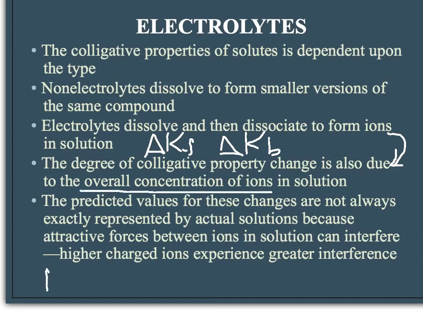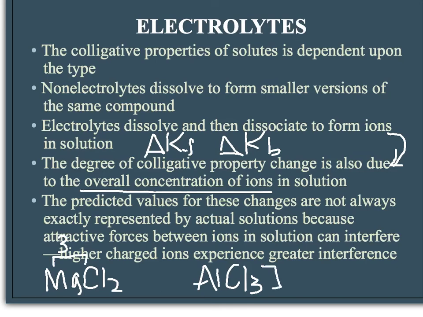So let's say MgCl2 versus AlCl3. MgCl2 will have 3 total ions in solution, 3 total moles, whereas AlCl3 will have 4 total moles in solution, right? It'll dissociate into 4 moles total.